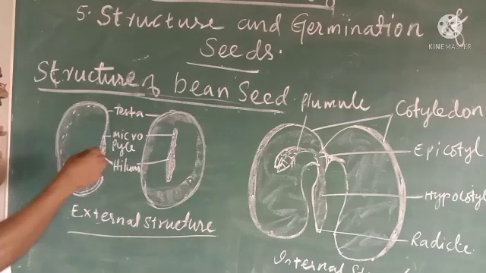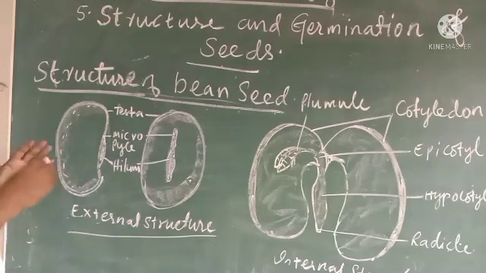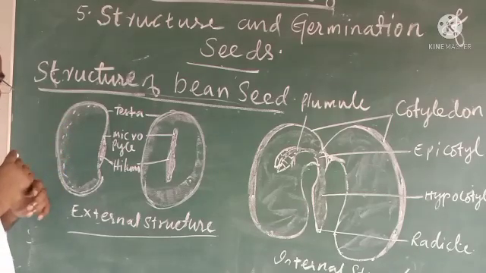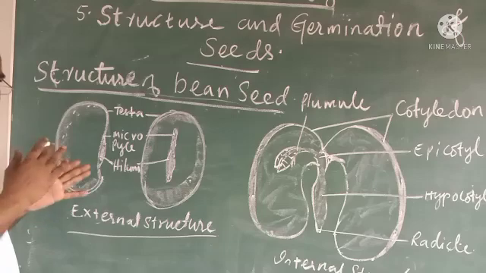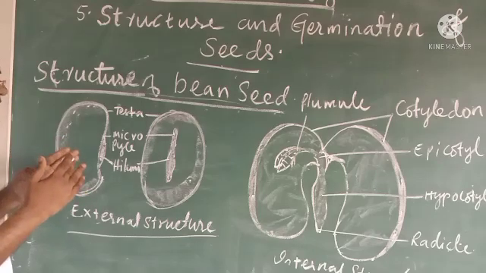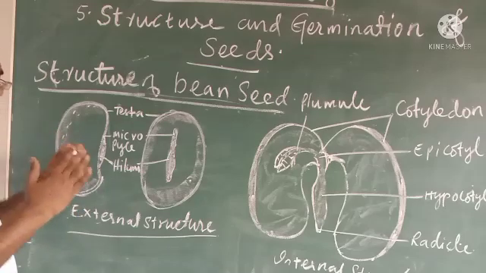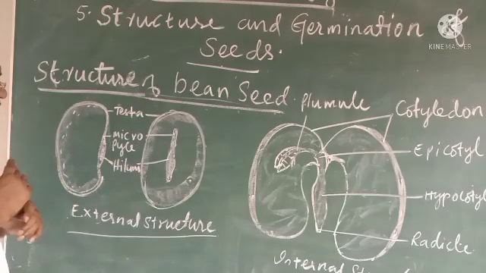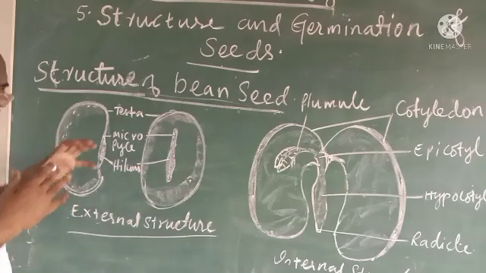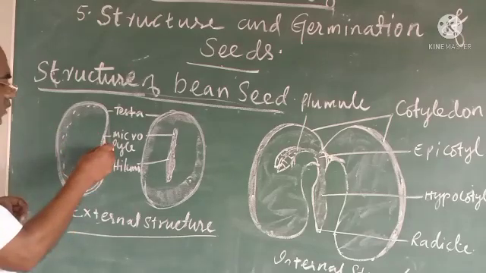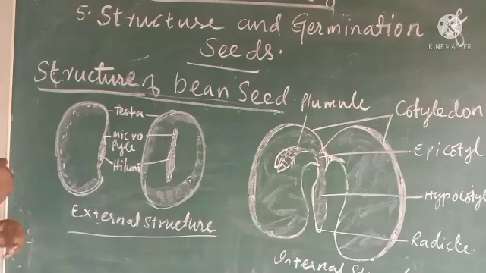Then at the center you see the funiculus, which touches the pod of the fruit. Seeds are attached to the pod of the fruit, and that is formed by the funiculus part. After removing the seed from the pod, a scar-like structure can be found.